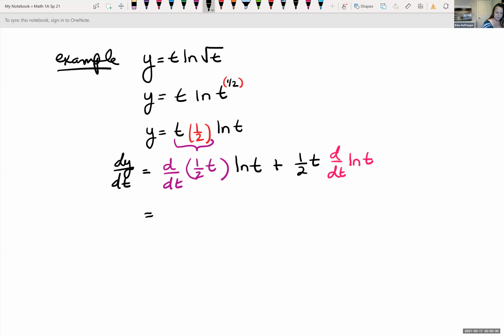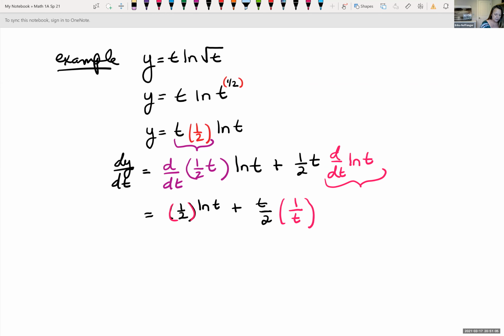So looking at this, the derivative of 1/2 t is just 1/2 times natural log of t, plus, this is 1/2 t or t over 2, times the derivative of this natural log of t. Well, that's just 1 over what you're taking the natural log of, which is t. I noticed that this second grouping simplifies a little bit.